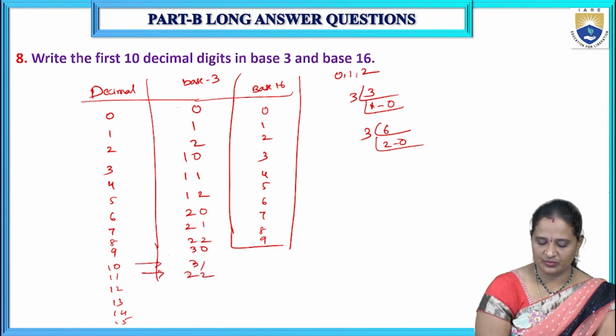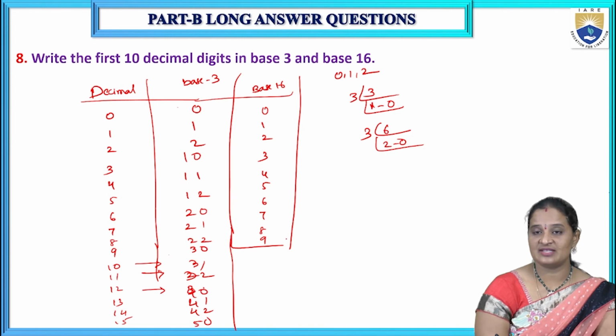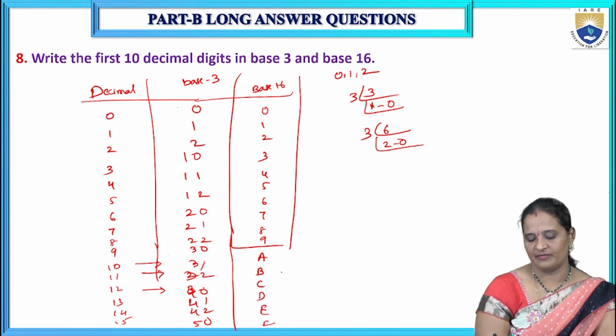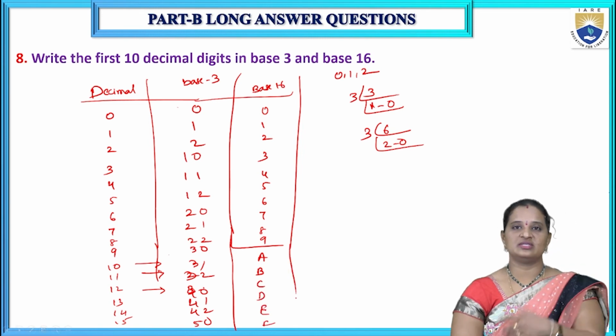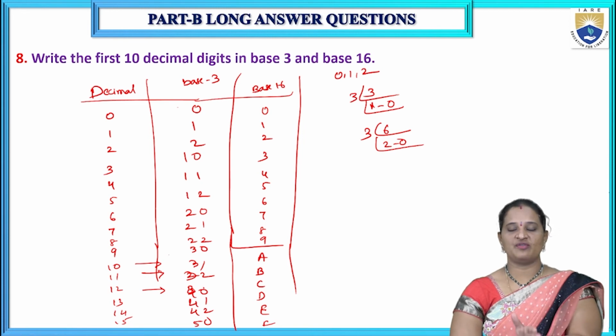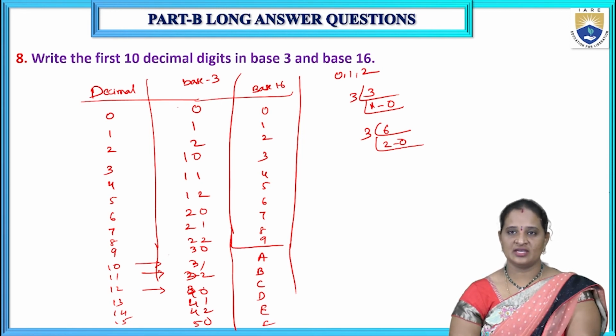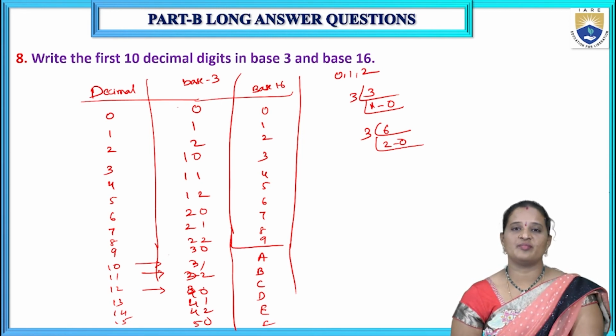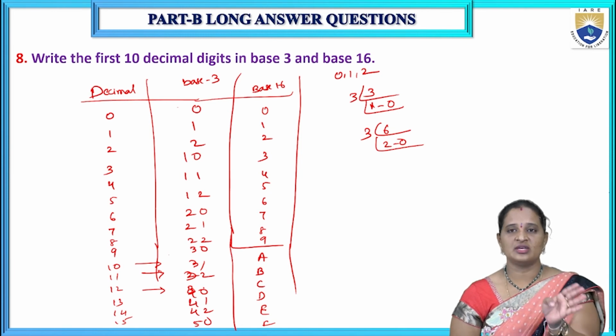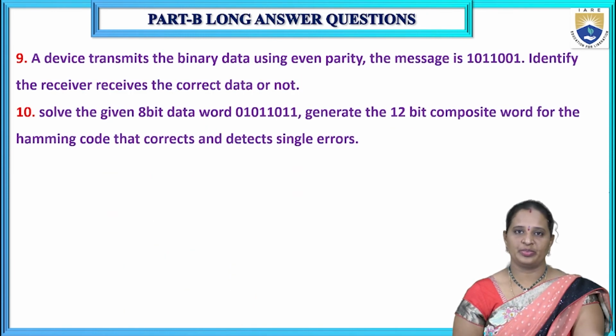And this is 3, 2. 12 can be 4, 0, 4, 1, 4, 2. And 15 can be 5, 0. Like this. Whereas in hexadecimal, 10 to 15 can be represented as A, B, C, D, E, F. So this is the representation of decimal digits in base 3 as well as base 16. The thing you have to remember, in base 3 we have only 3 symbols: 0, 1, 2.